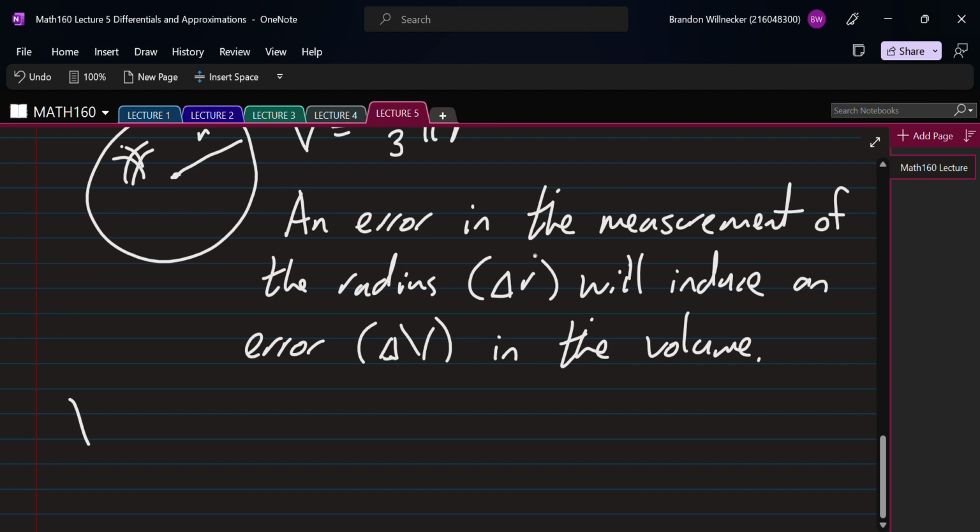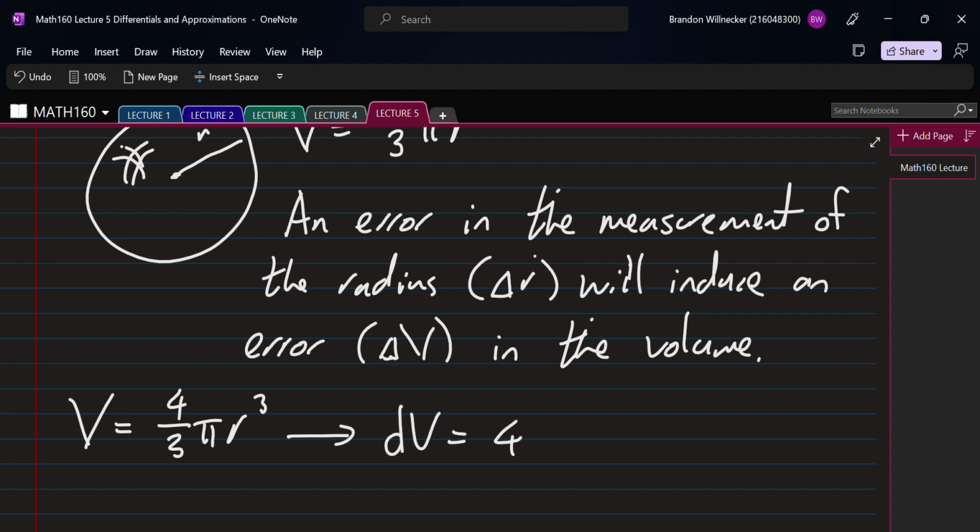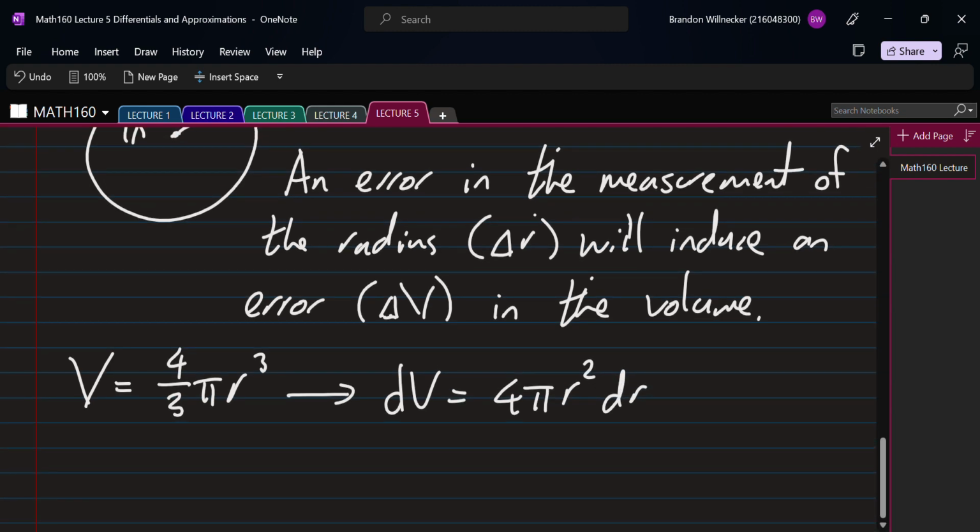We start with our volume equation, V equals 4/3 pi r cubed. From this, we calculate the differential. That's going to be dV equals 4 pi r squared dr. That's just taking the differential dV. Now we're going to replace these infinitesimal differentials with the finite difference, and that's going to be our error, or our approximation to the error.